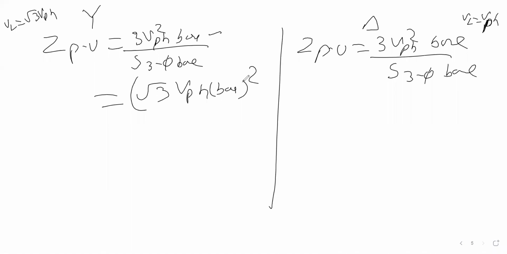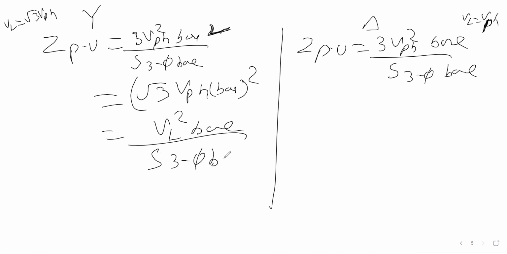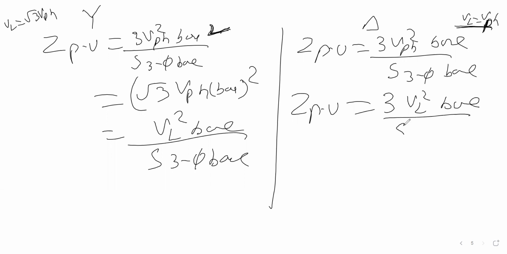If we break this bracket, we'll get the same reading as the data given over here, right? So this could be converted as your VL square base by S3 base. Whereas in delta we know this VL is V phase, so our Z per unit would be 3 VL whole square base by S3 phase.